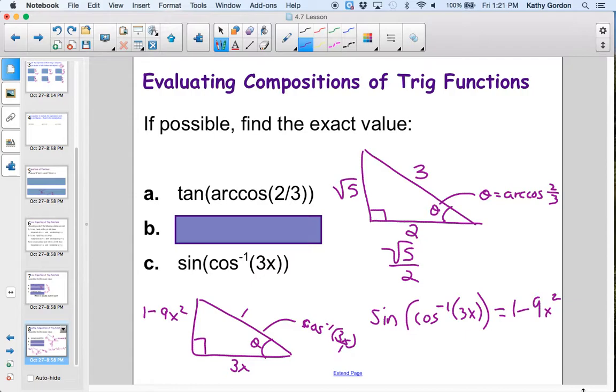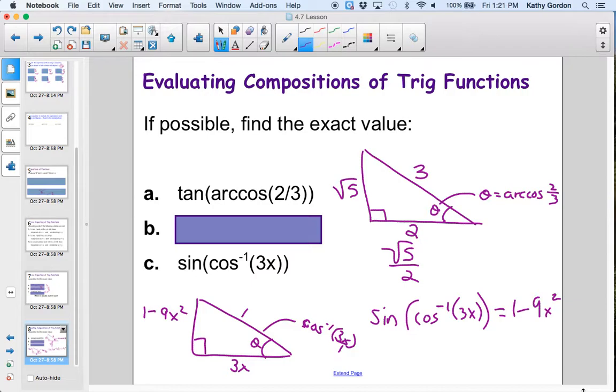That's the best we can do. It's funny that this angle is the unit circle. Because theta is the angle I get from the inverse cosine of whatever 3x was. That's what that angle is. So we're just taking the sine of that theta, and in this case it's 1 minus 9x squared.